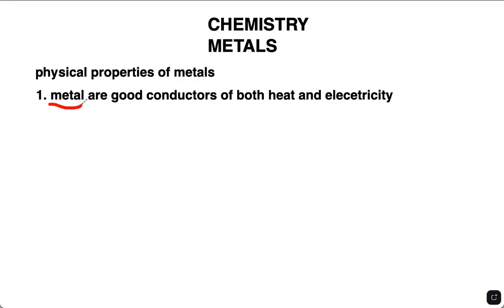There are, of course, those that are not good conductors of electricity, especially when they are in solid form. And these elements, of course, that are not good conductors of electricity, you can easily find them on the periodic tables.